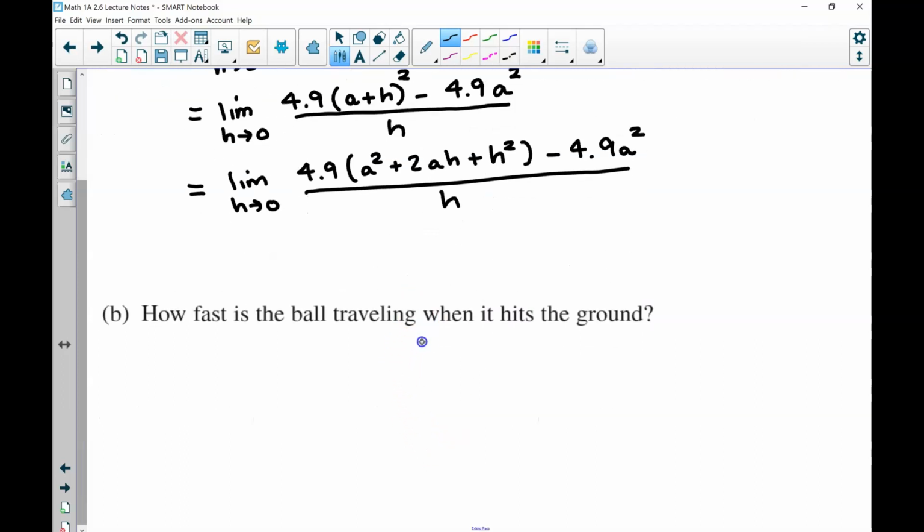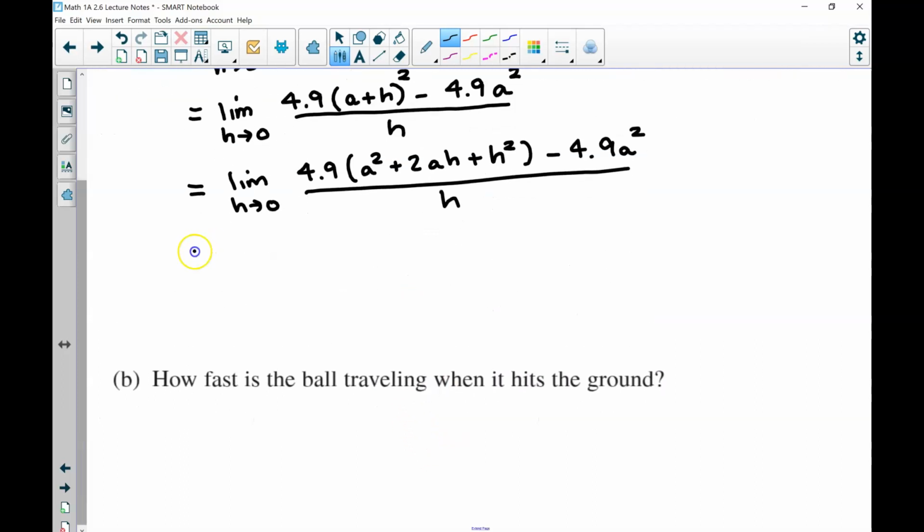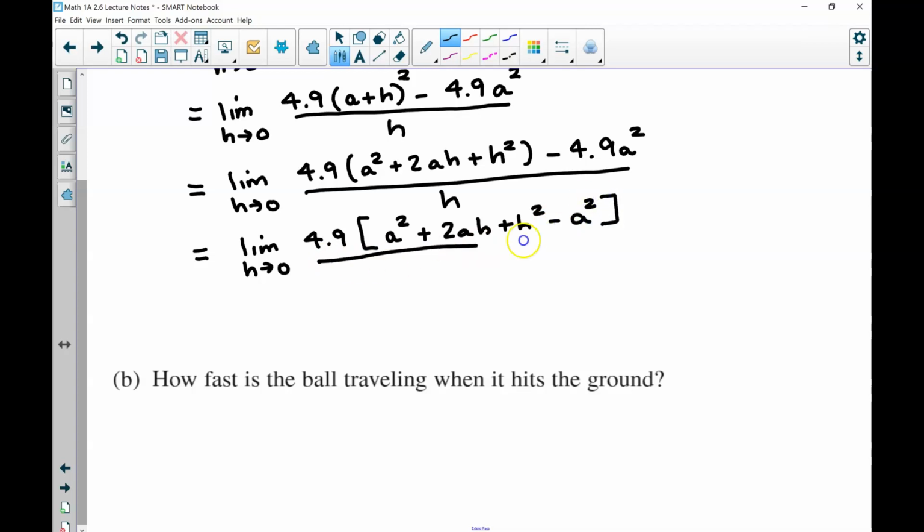Now, if we notice in the numerator, there are two terms that have 4.9 as a common factor. So if we factor out 4.9 from those two terms, then what's left is going to be a squared plus 2ah plus h squared minus a squared over h.